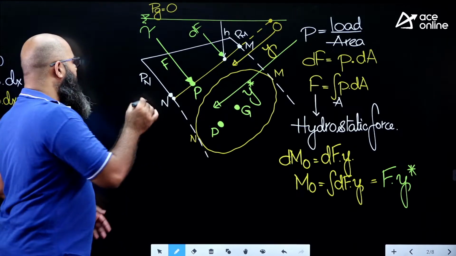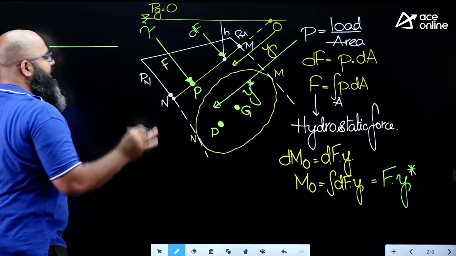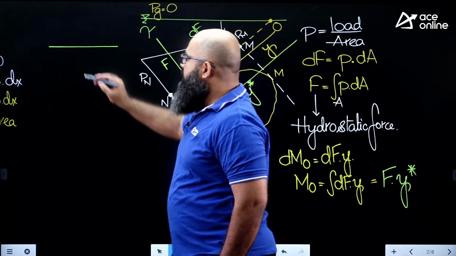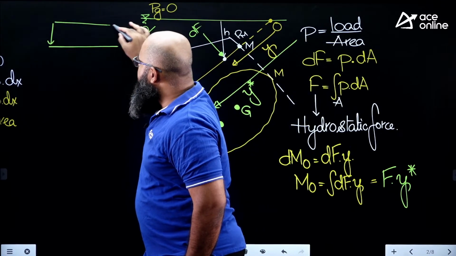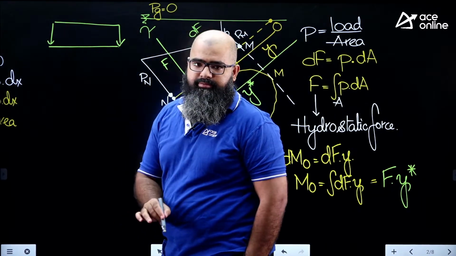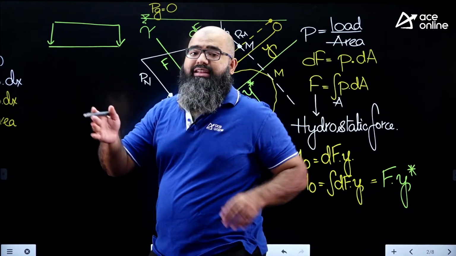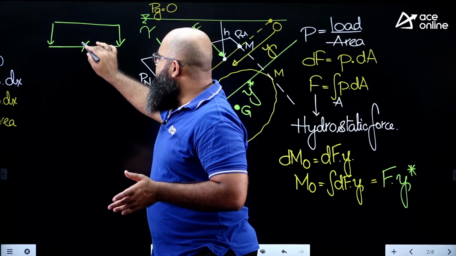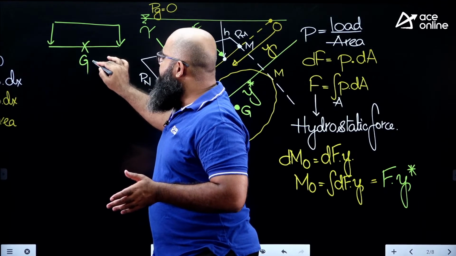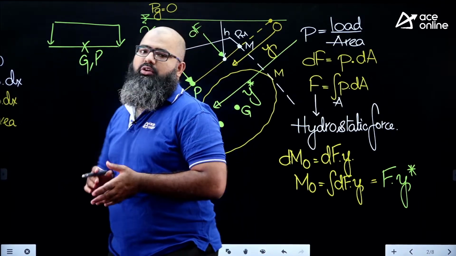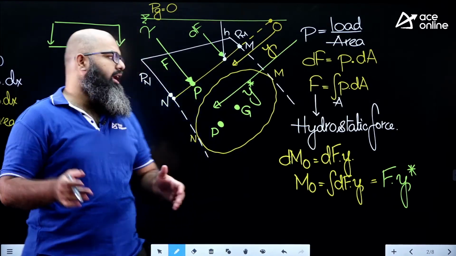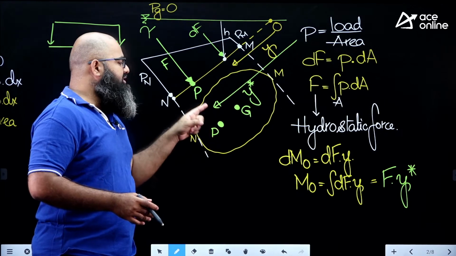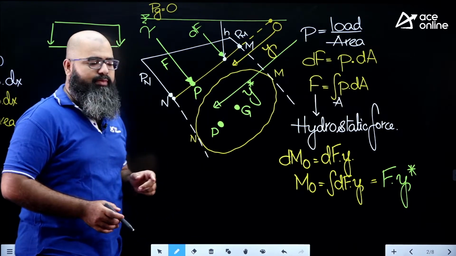Again, I am repeating, had the plate been horizontal, the intensity of pressure throughout would be the same. In such a case, there is no polarization of intensity of pressure on either side of G. Since there is no polarization, whatever point G you have, the same point would become the center of pressure as well. But right now, in any random inclined position, I am supposed to have the center of pressure below the centroid of this plate.